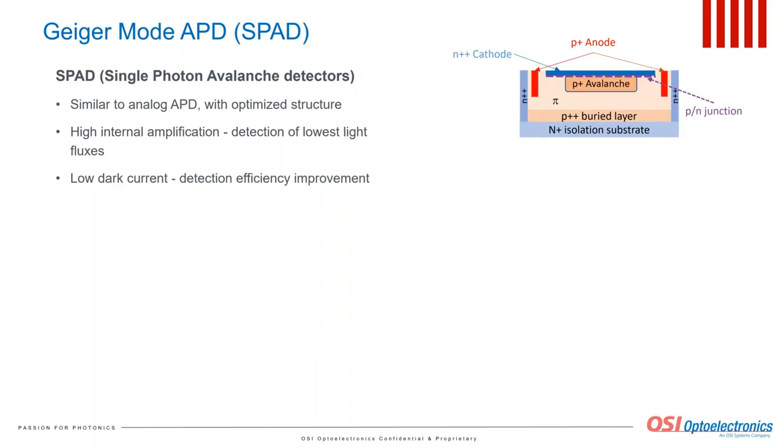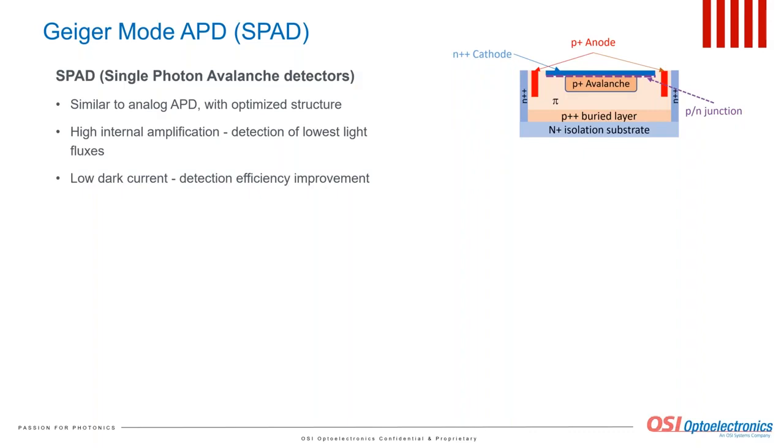The structure may feature a very thin avalanche layer. The main idea of a Geiger mode APD is to bring its operation point above the breakdown voltage, which may allow the gain to exceed 10 to the power 6. This can be achieved only with structures having very low dark current noise level.